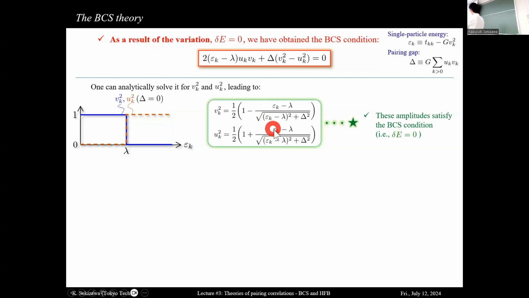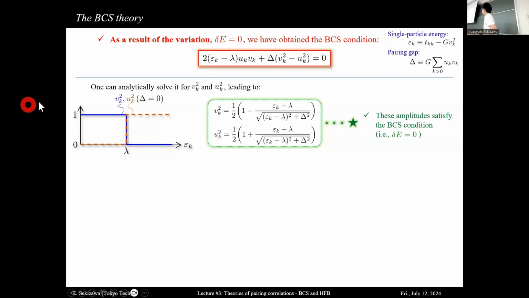When epsilon is smaller than chemical potential lambda, then this second term becomes minus 1, and it will result in 1. So VK square is 1. So occupation probability is 1. And when the chemical potential is smaller than the single particle energy, then it becomes 0. And the opposite is true for the UK amplitude.